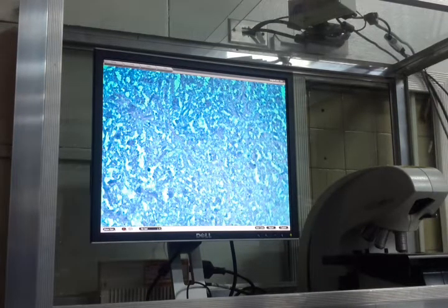Okay? Liquefactive necrosis has many neutrophils, and there is also pink material like this. So if there are many neutrophils and also pink material, that's liquefactive necrosis. If there are almost no inflammatory cells and it's all pink, that's caseous necrosis. What is the cause?